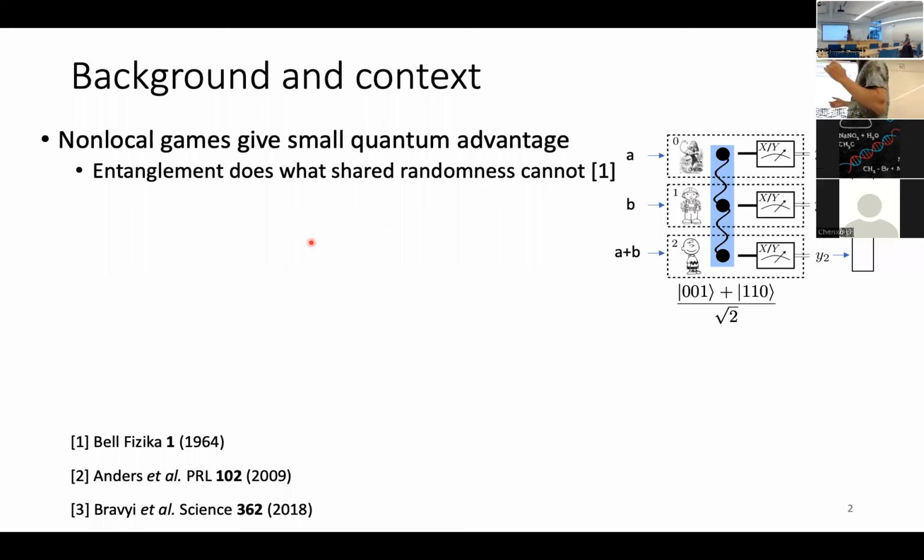Just to motivate things, perhaps a more modern interpretation of the content of Bell's theorem is that there are indeed computational problems, namely distributed computing tasks, that can be achieved by doing local measurements on a shared multipartite entangled state that cannot be accomplished using any seemingly equivalent classical resource like shared randomness, right?